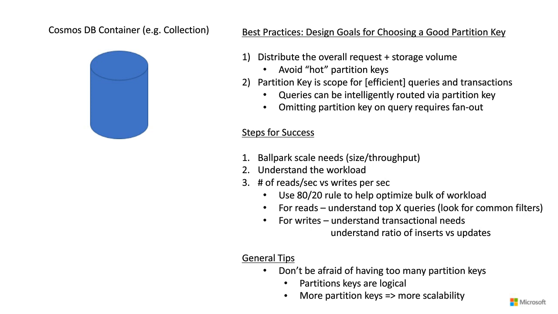But because we can collocate many logical partitions on a physical partition, even if you have billions of partition key values, we can collocate this on a small number of physical partition sets, let's say starting with 1, and then we can always grow that to an ever-increasing number of physical partition sets, such that if you have billions of keys, then we can grow this to billions of physical partition sets. Basically, the cardinality of your logical partition key is the scalability bound for how much Cosmos DB can scale out your database.